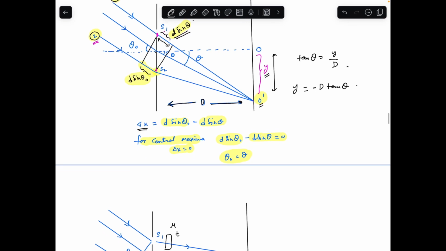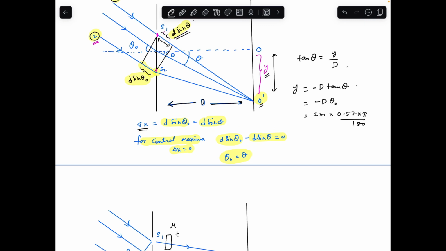Now tan theta can be written as theta, which is equal to theta naught. So minus D theta naught. D is how much? D is 1 meter. What is theta naught? 0.57 degree. I have to convert this into radian, pi by 180.